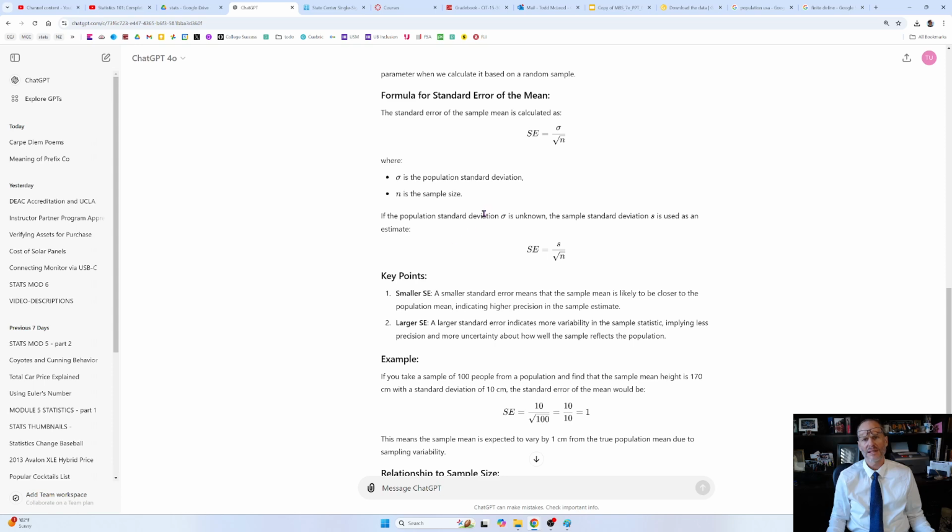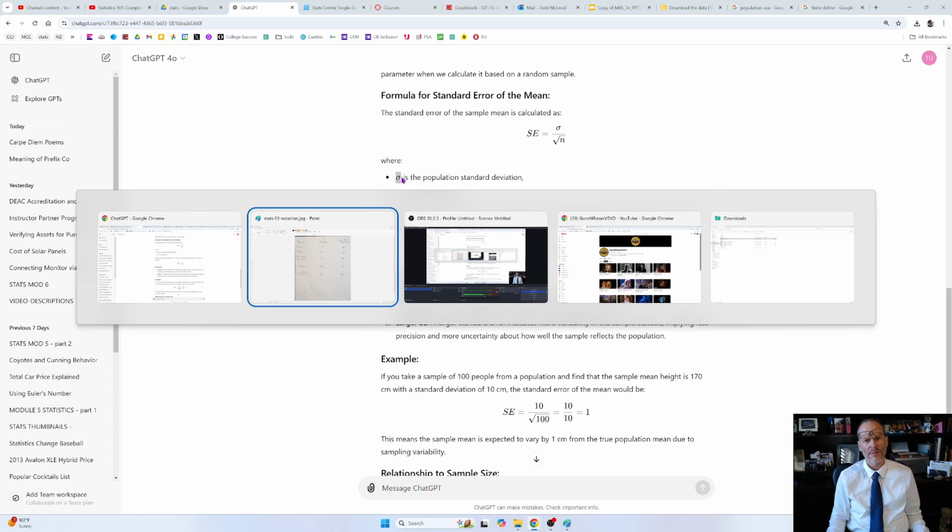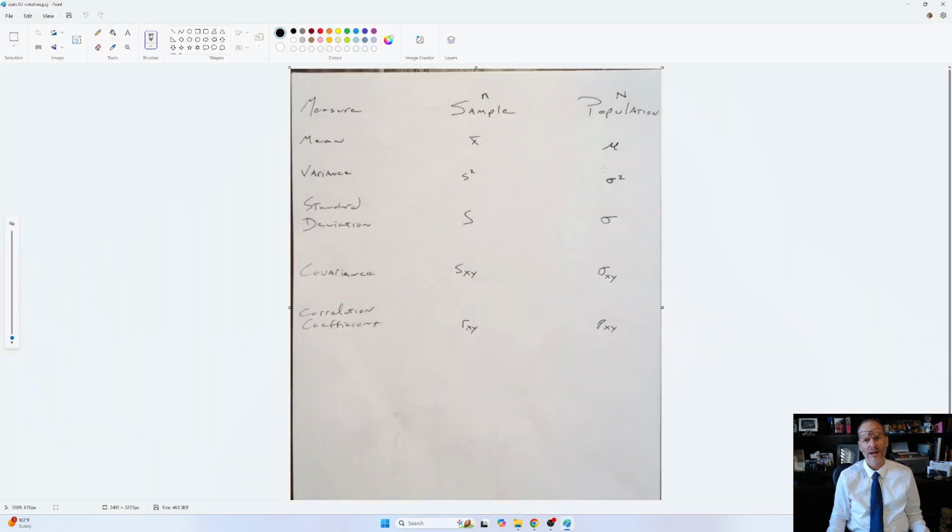The standard error of the sample mean is calculated as the standard deviation over the square root of lowercase n. Remember, if we had a square next to the standard deviation, that would be variance. If we go back and look at our notation, variance for a sample is s squared, and variance for a population is sigma squared. For standard deviation, it's just s, because we took the square root of the variance.